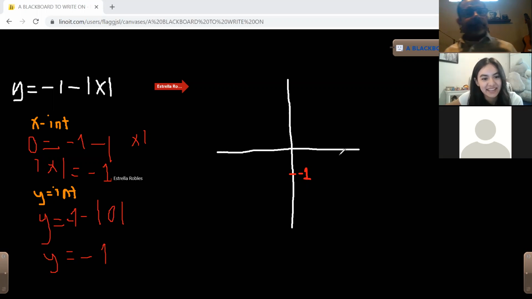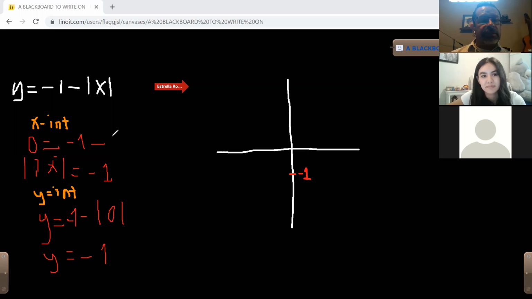There can't be an x-intercept because an absolute value can't be negative. Correct. Very good, Estrella.